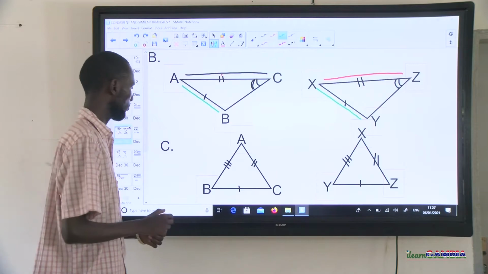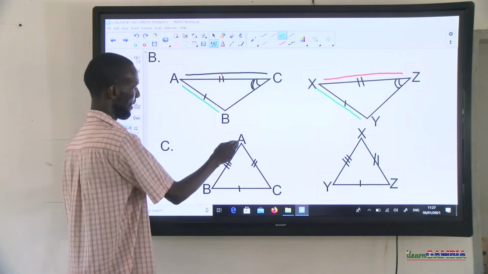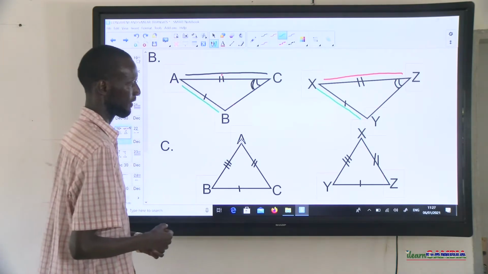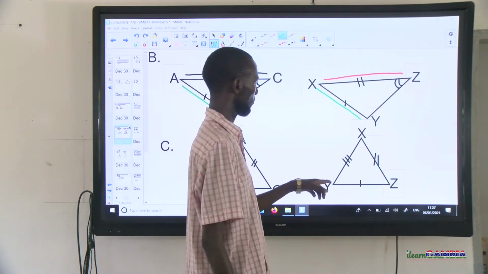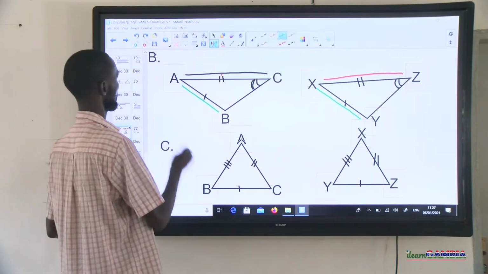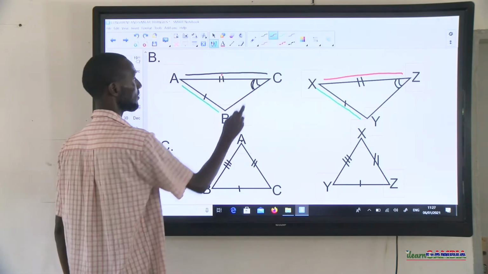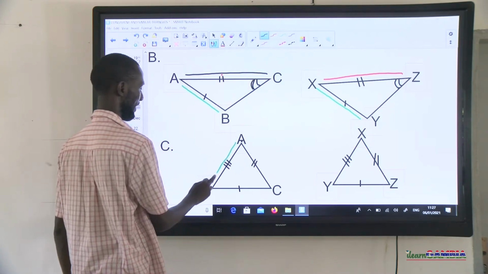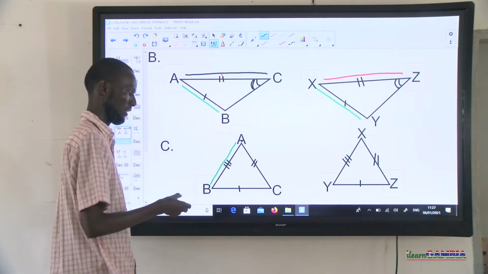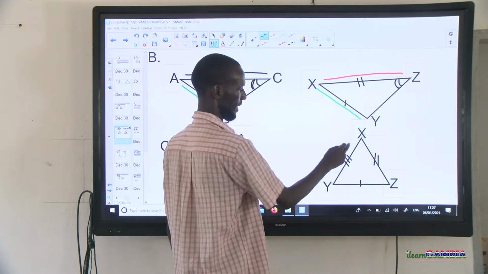Then we go to C. In C, again we have triangle ABC, okay? And also we have triangle XYZ. Now all we know is that side AB of triangle ABC is equal to side XY of triangle XYZ.